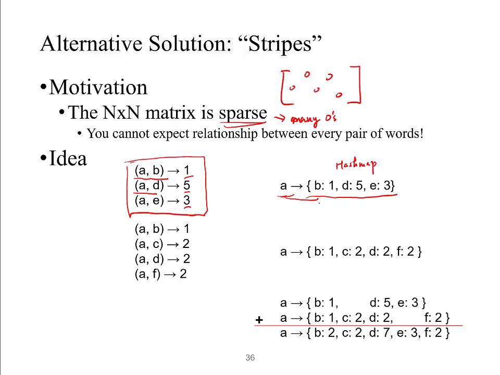So in the hash map, because a hash map also has a key and value, sorry, the key would be the term, and the value is the co-occurrence count with A. So you would have 1 for B, 5 for D, and 3 for E. And you can do the same thing for all the partitions.